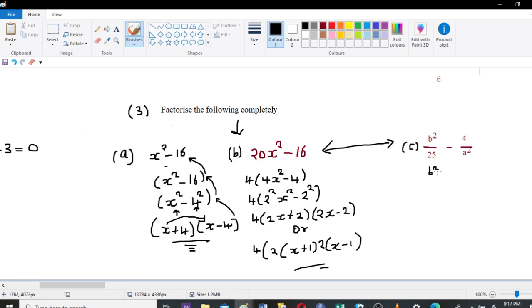So we have b there, b squared, it will be like that, but 5 can be written as 5 squared, right? Minus 4 can be written as 2 squared, right? Divide by a there will stay like that. Okay, and then we can write this in difference of 2 squares, right? We can write what we have here in difference of 2 squares.